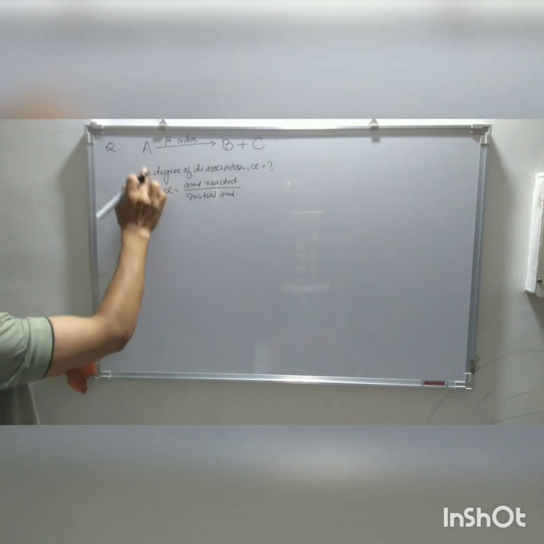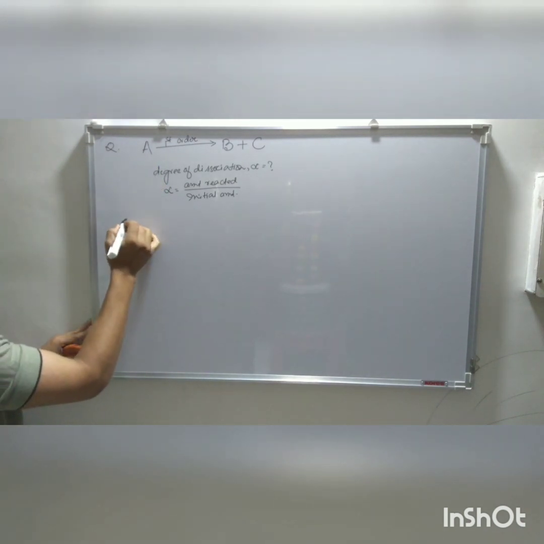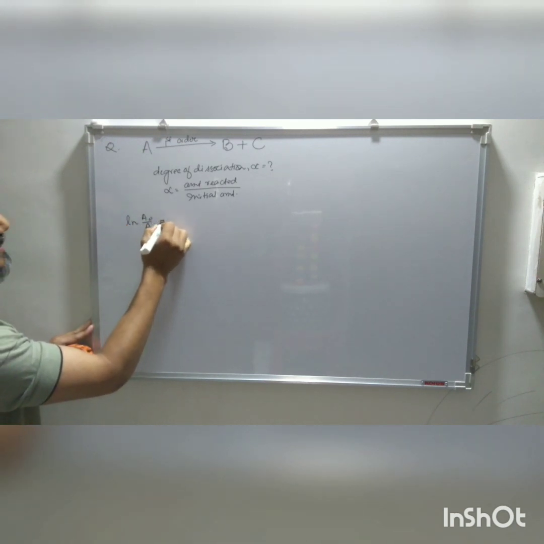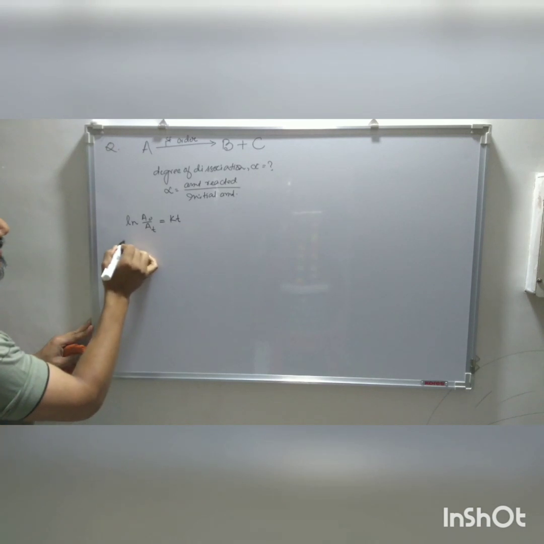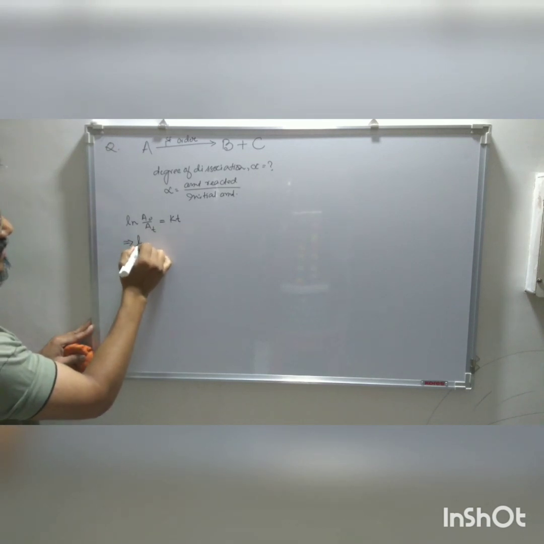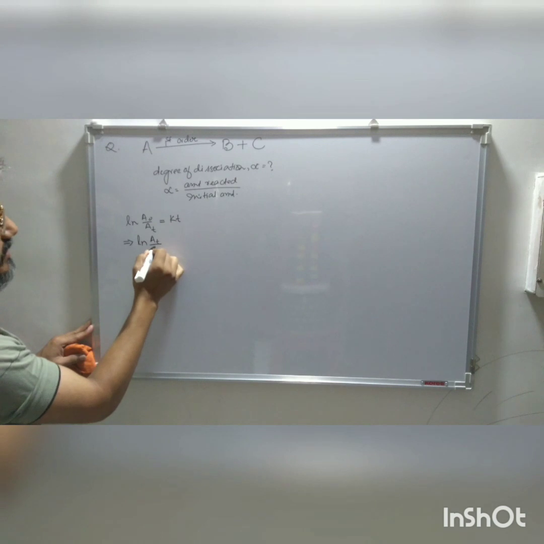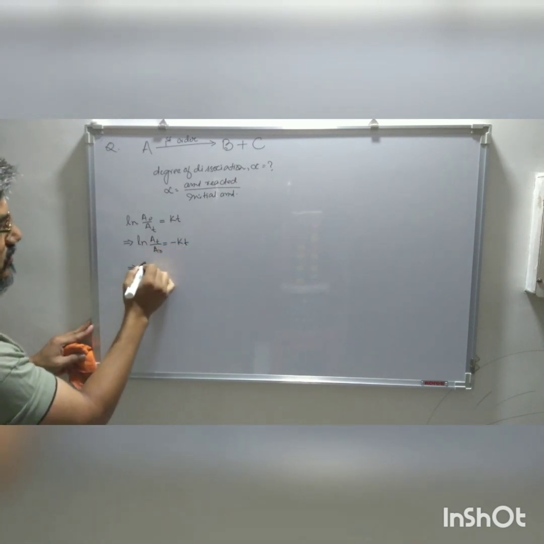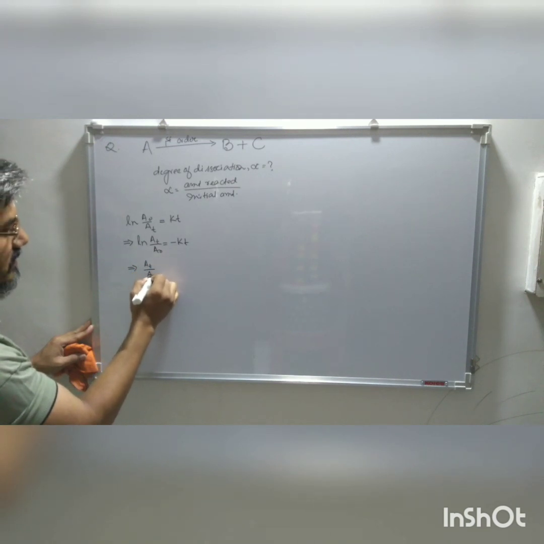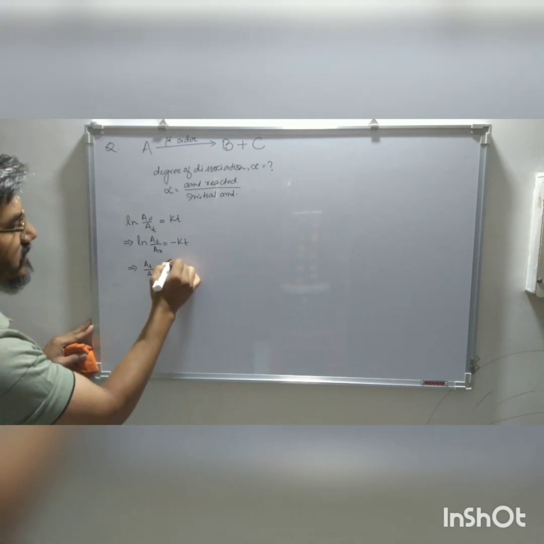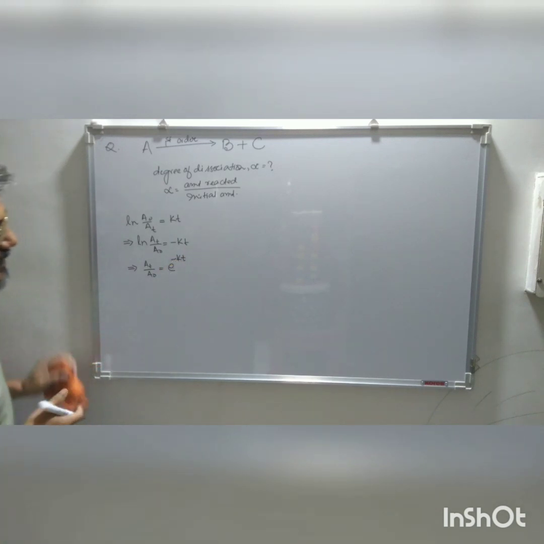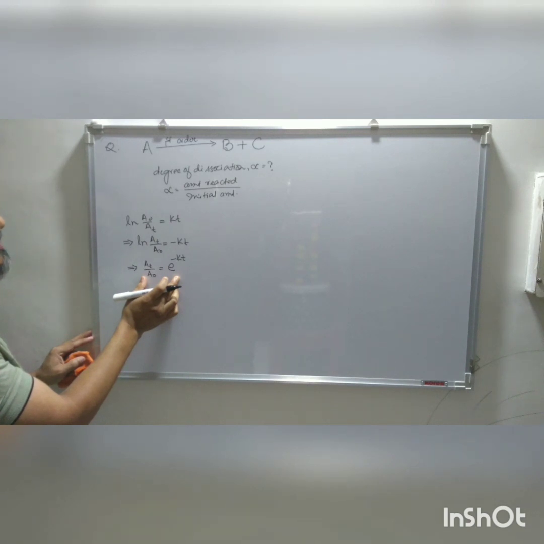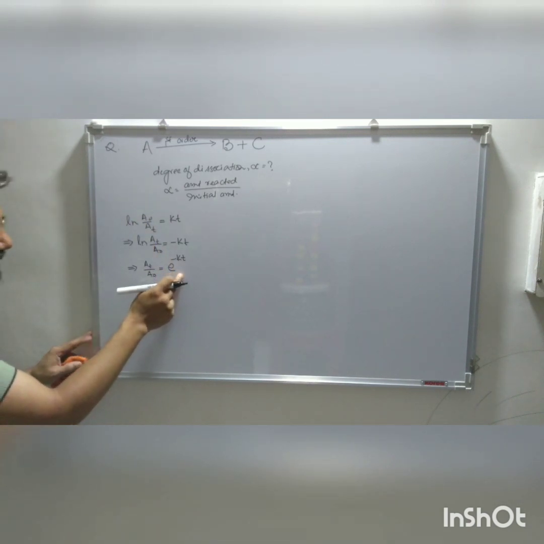So we have this integrated equation for a first order reaction, which is ln A naught by A_t is equal to Kt, or simply we can say ln A_t by A naught is equal to minus Kt, or A_t by A naught is equal to exponential minus Kt. So this is the equation which says the concentration of a first order reaction decays exponentially.